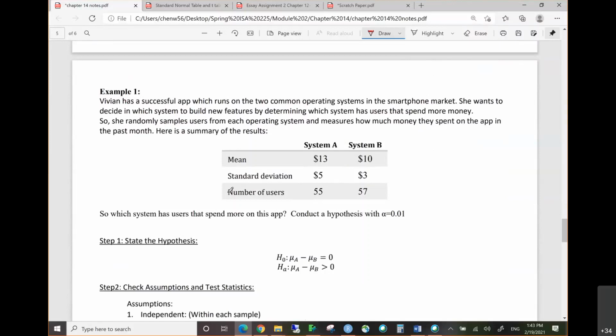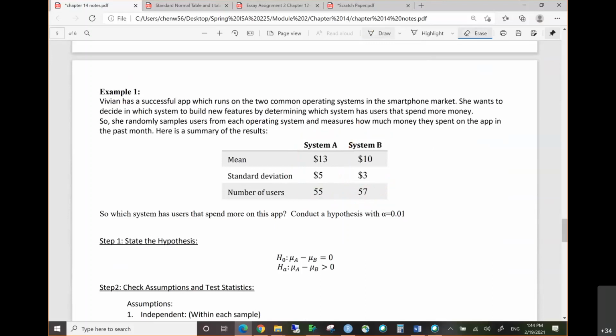Based on two samples, one sample of users of system A and one sample of users of system B, the first sample has 55 users and the second sample has 57 users from system B. So that means I have two samples collected.